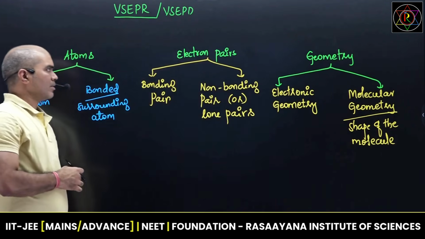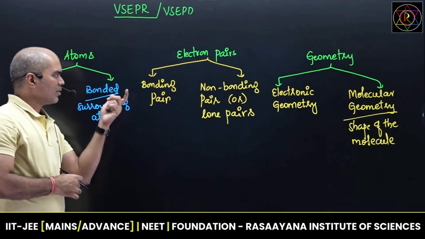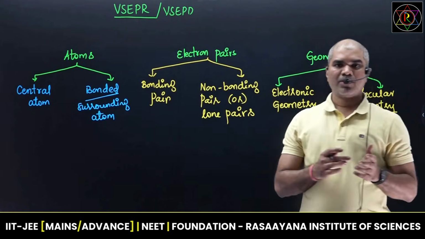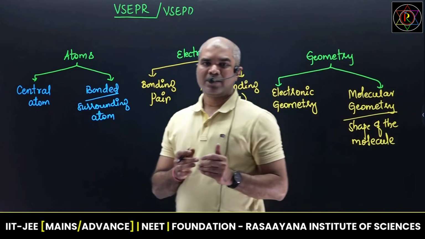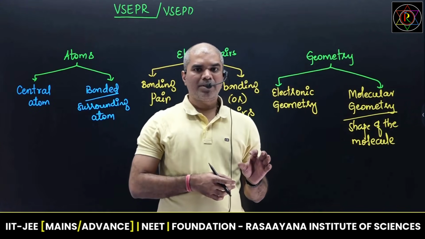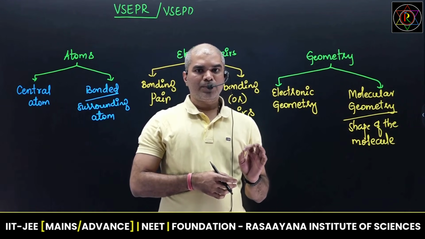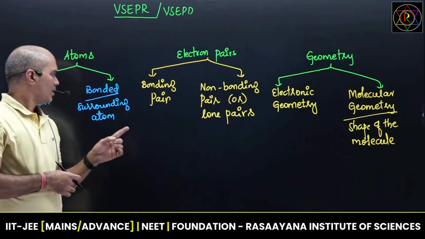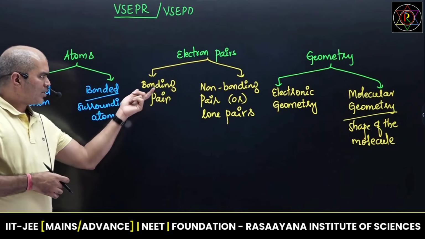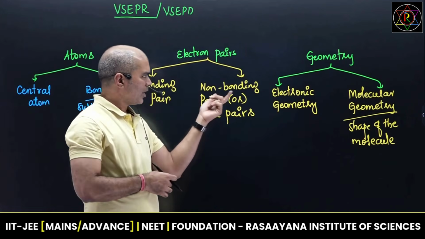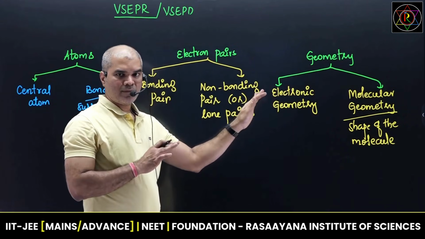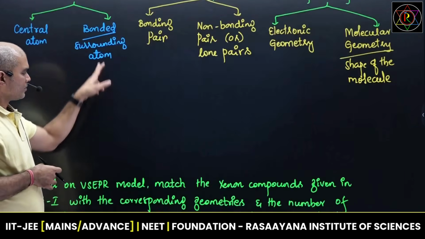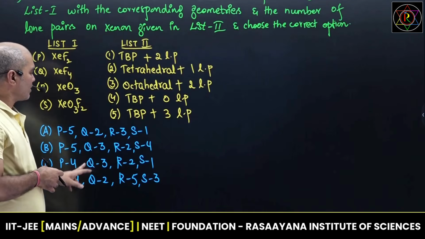This is for convenience. Atoms classified into two types, electron pairs classified into two types, and geometry also classified into two types. Suppose if I take XeF2, we have to identify the central atom. The central atom is xenon. The bonded atoms are fluorine. So in XeF2, we have xenon as the central atom and fluorine as the bonded atoms. Then how many pairs of electrons, whether they are bonding or non-bonding, and what is the type of geometry? This is what we have to consider. I am keeping this question as such.